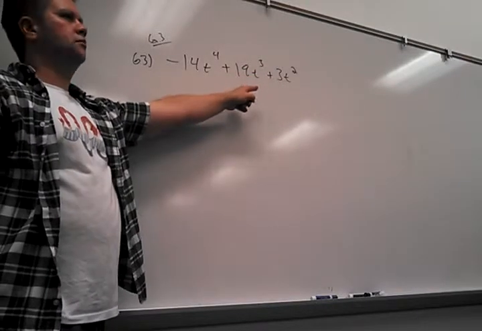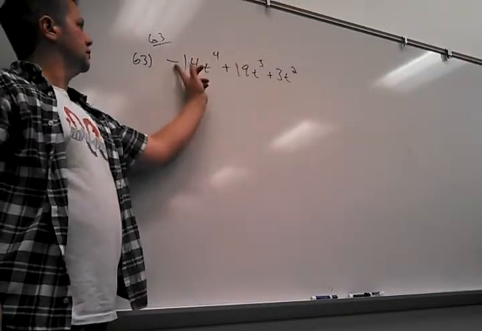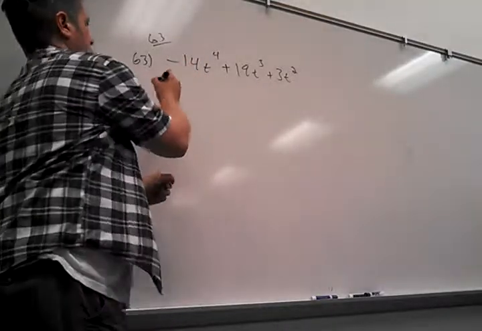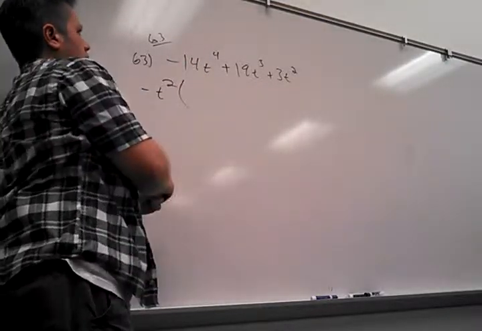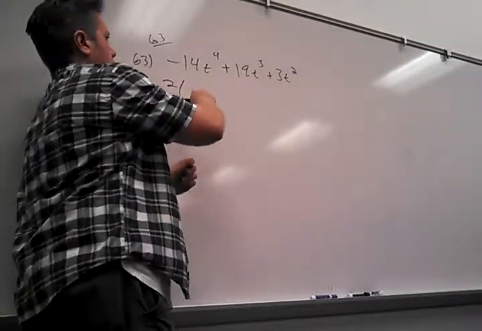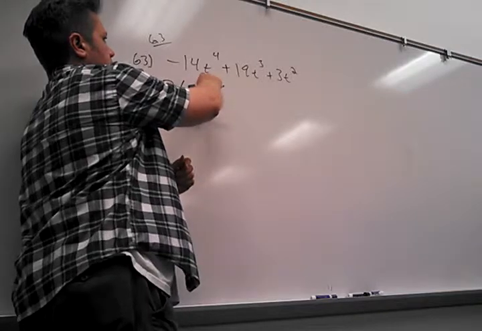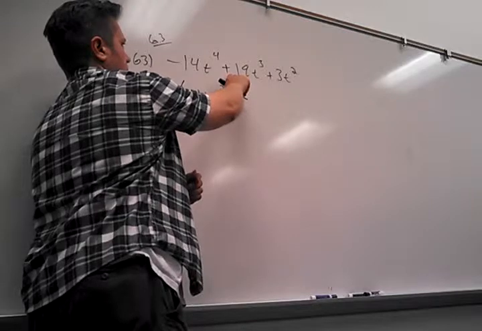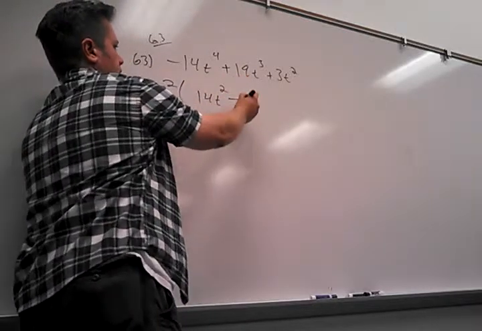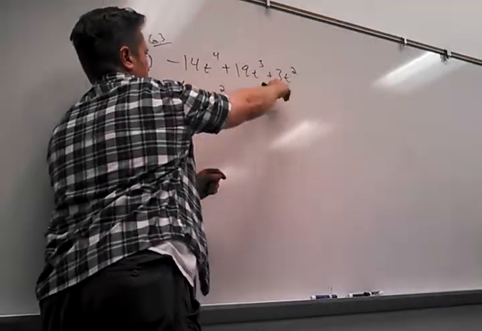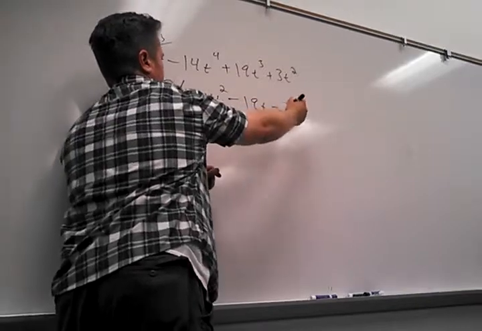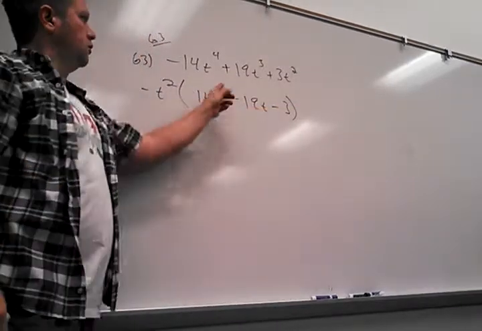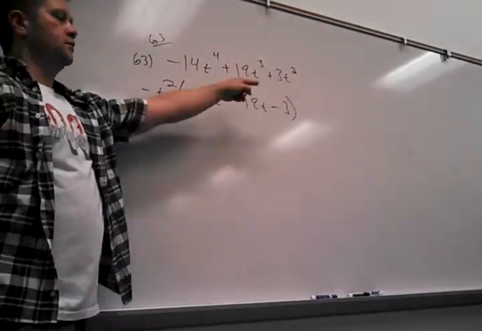C squared, but I also want to get a negative. Good. So then I end up with 14t squared minus 19t minus 3. And now you do your whole 14 times negative 3.